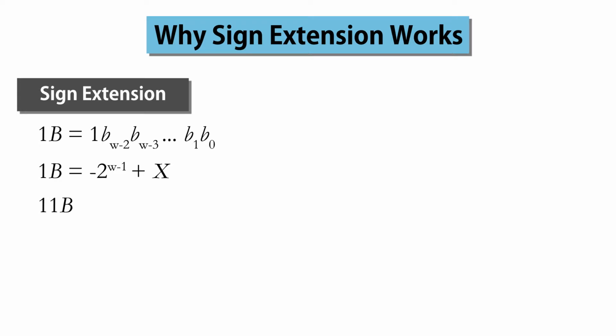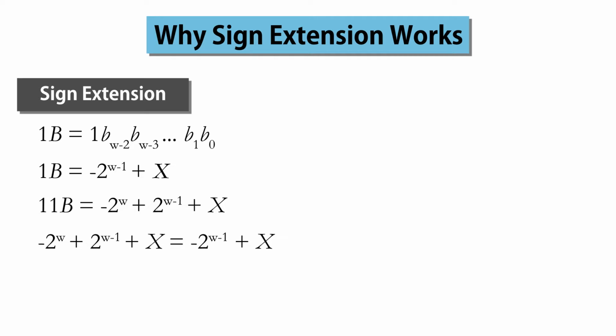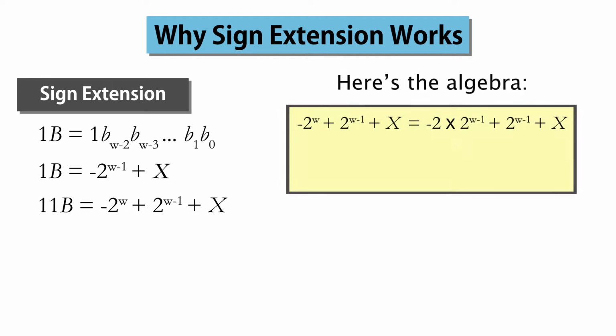Following our familiar rules for interpreting 2's complement numbers, bit string 11B has value minus 2 to the W plus 2 to the W minus 1 plus x. But a little bit of algebra shows us that this is equal to minus 2 to the W minus 1 plus x. Here's the algebra for those who are interested. This shows that adding a 1 to the front of our bit string doesn't change its value.